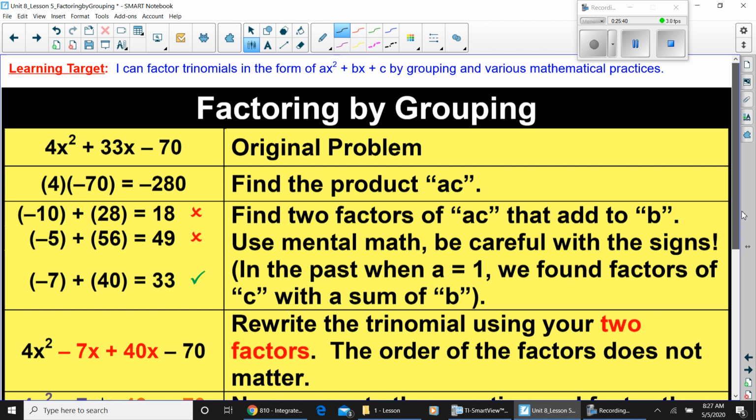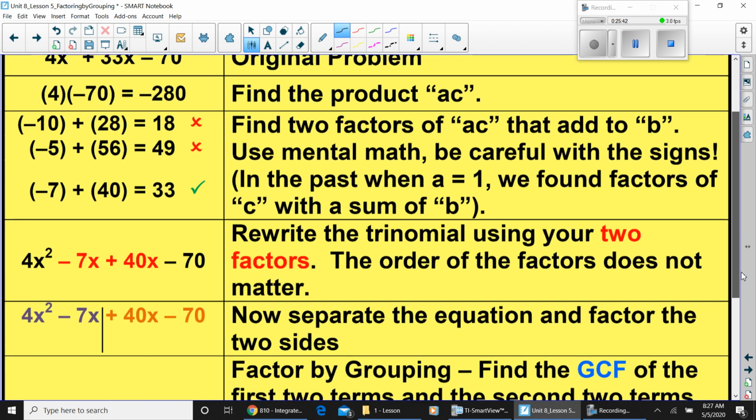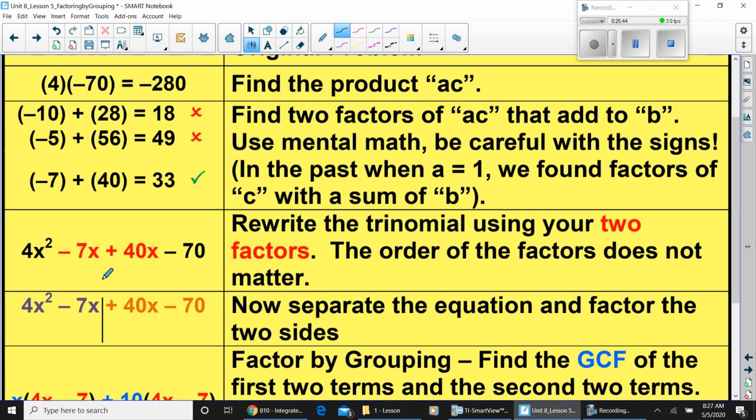By the way, just want to tell you that this is not how we set it up. It doesn't matter how you set it up though. You could see what is done on this page. See this negative 7 is first and the 40 is second. We had it in reverse, but it's okay. You could still write 4x squared minus 7x plus 40x, and then factor it out.